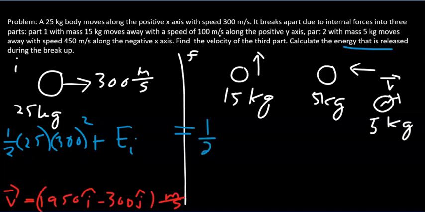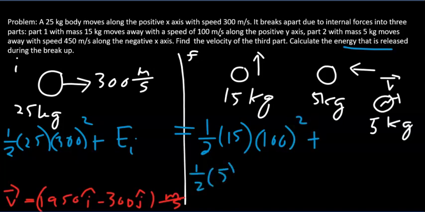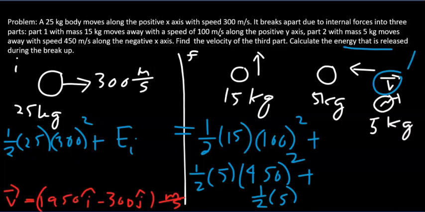So the first piece is half, mass is 15, the speed is 100 squared. Then the second piece is half times 5 and the speed is 450. Don't forget to square. Plus the kinetic energy of the third piece, half times mass 5 kg times the square of the speed.